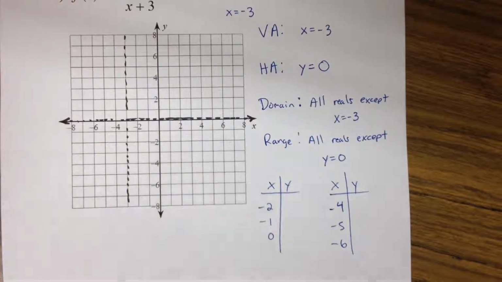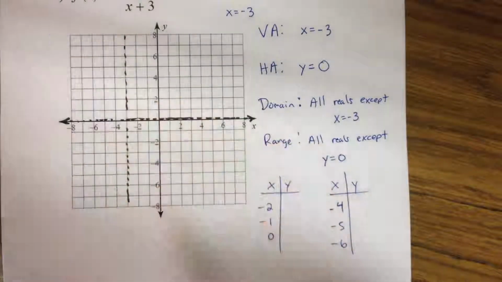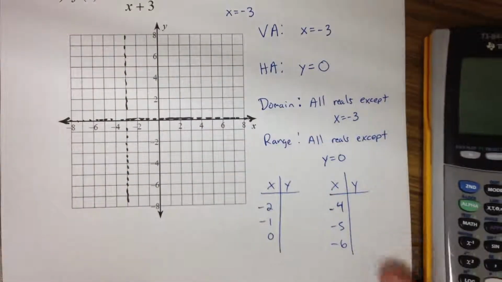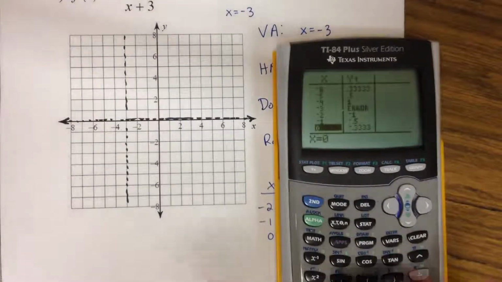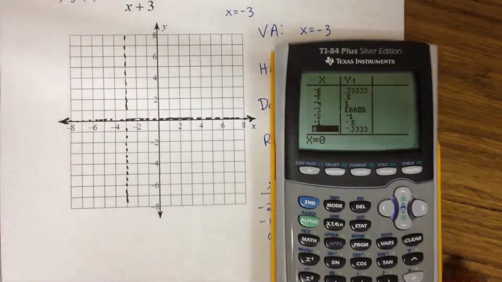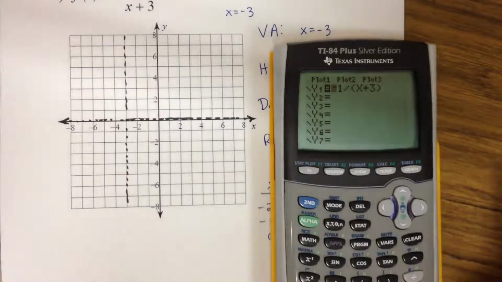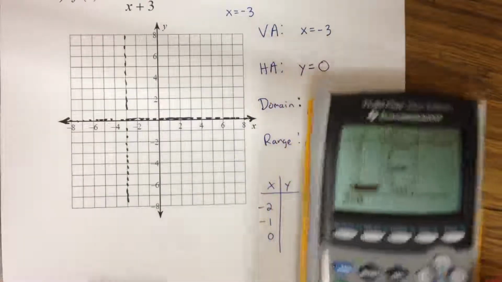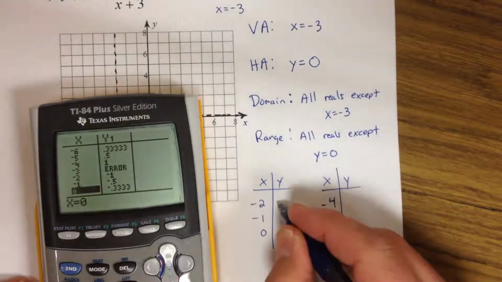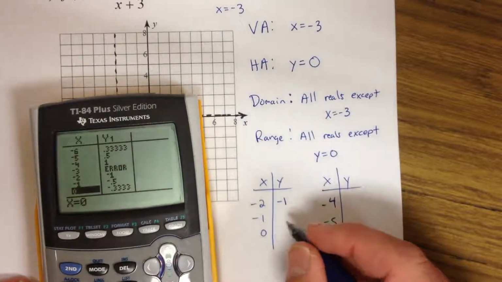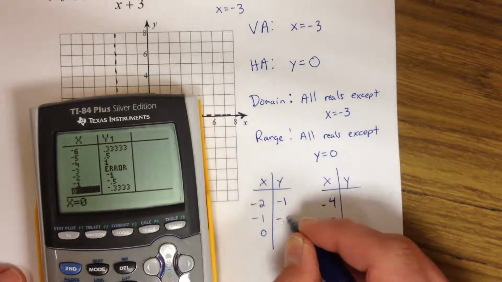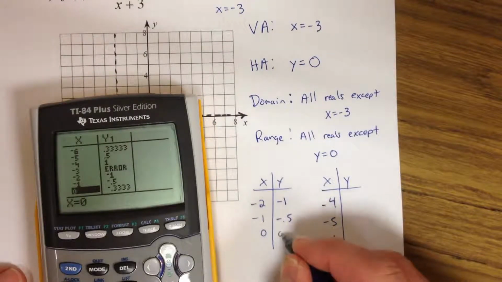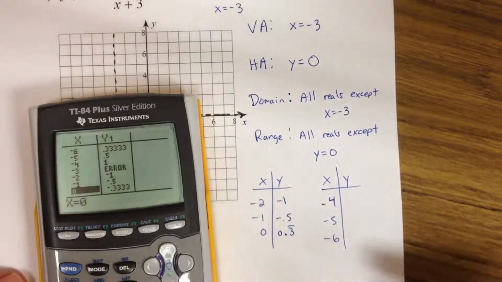So now you could manually plug those in and see what you get, but just for time's sake, I'm going to use a graphing calculator. I just plugged it in to the y equals, pressed second table, and it's going to give me the table. So I'm just going to write these down quick. I get negative 1, negative 0.5, and 0.3 repeating, or 1/3.